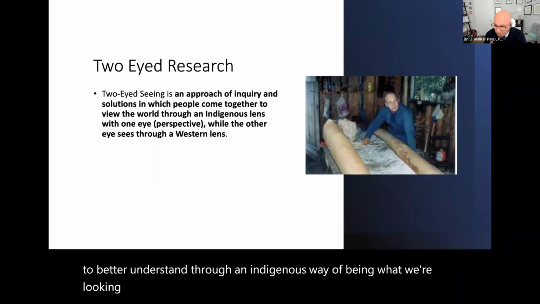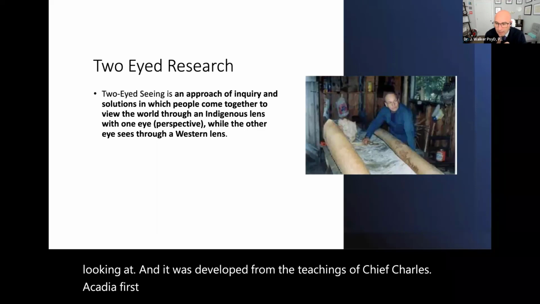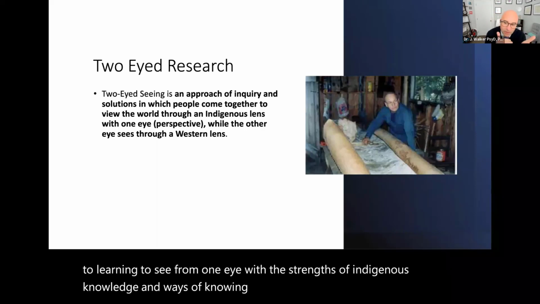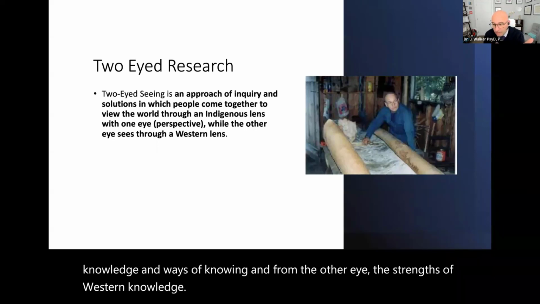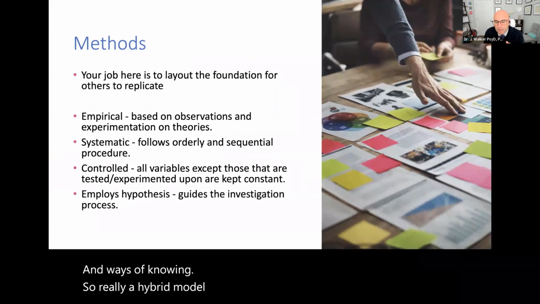And it was developed from the teachings of Chief Charles at the Acadia First Nation. And I'd encourage you to look at it. And it really refers to learning to see from one eye with the strengths of Indigenous knowledge and ways of knowing, and from the other eye, the strengths of Western knowledge and ways of knowing. So really a hybrid model of understanding.